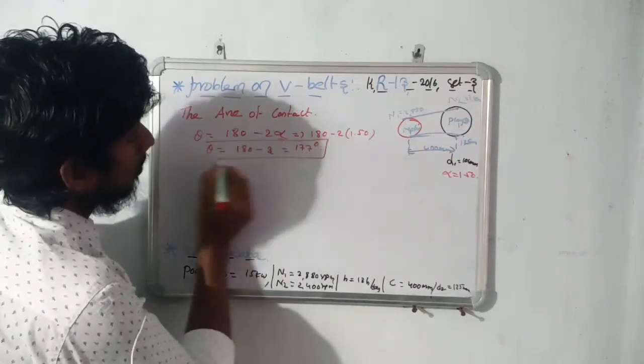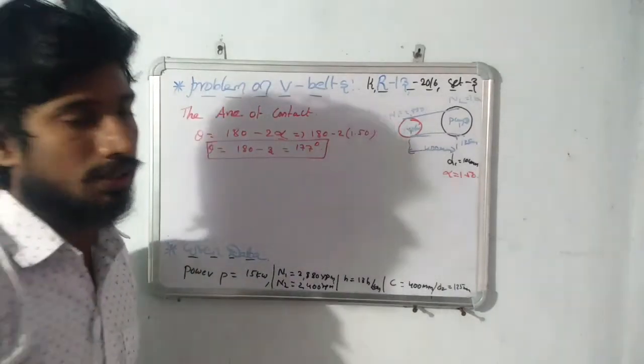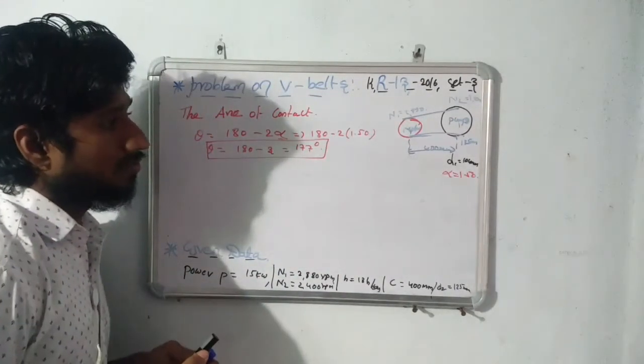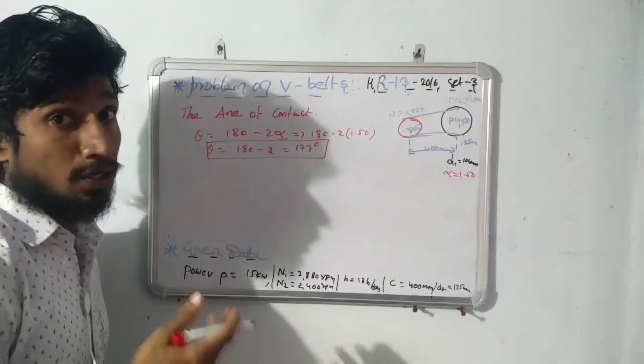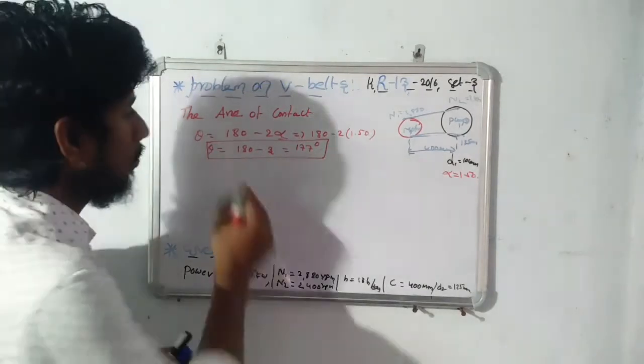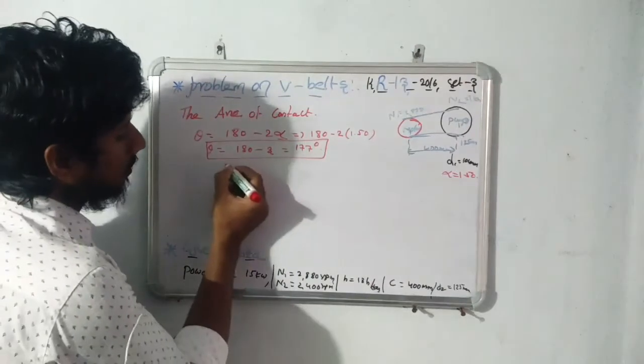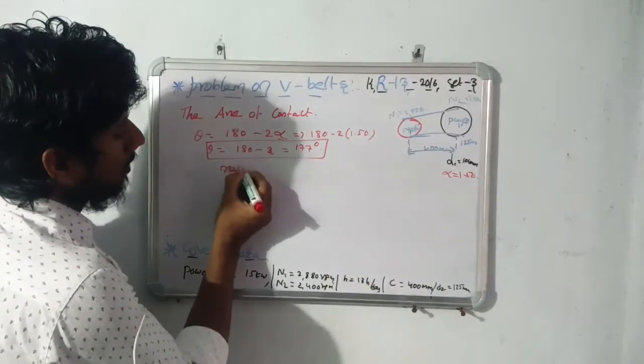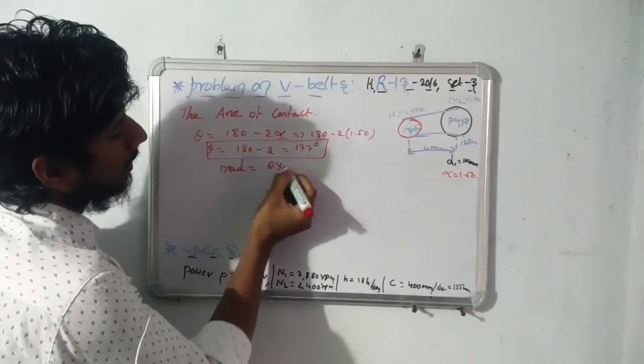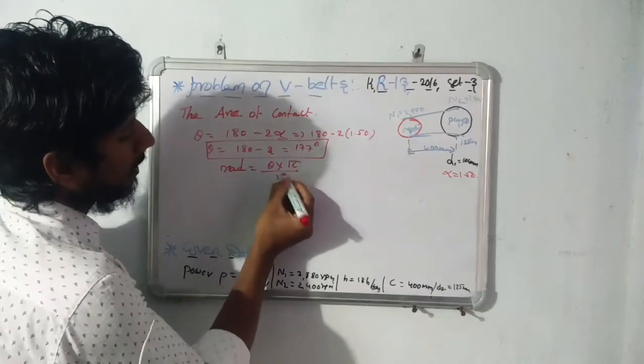This is the value of theta in degrees. For the purpose of finding the ratio of tension in the belt, it's better to convert theta into radians. Radians equal theta into pi by 180.